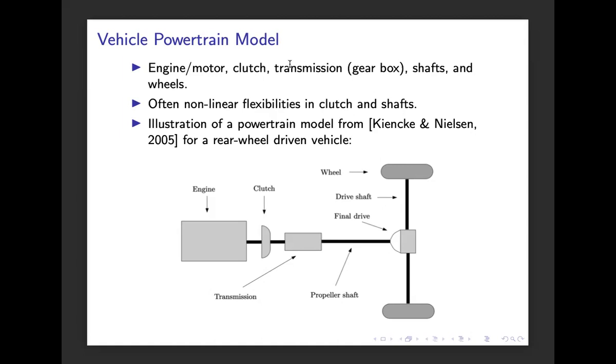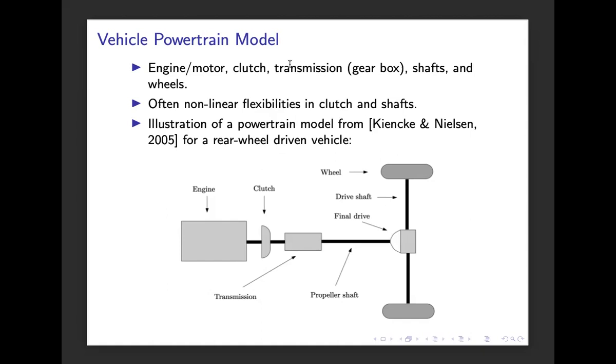Here we can see that there are quite a few interacting components. So we start with the engine or motor, but at the end we would like to have the power at the wheels. And this is for a car where the engine is mounted at the front of the vehicle, and then we have a rear wheel driven vehicle here.